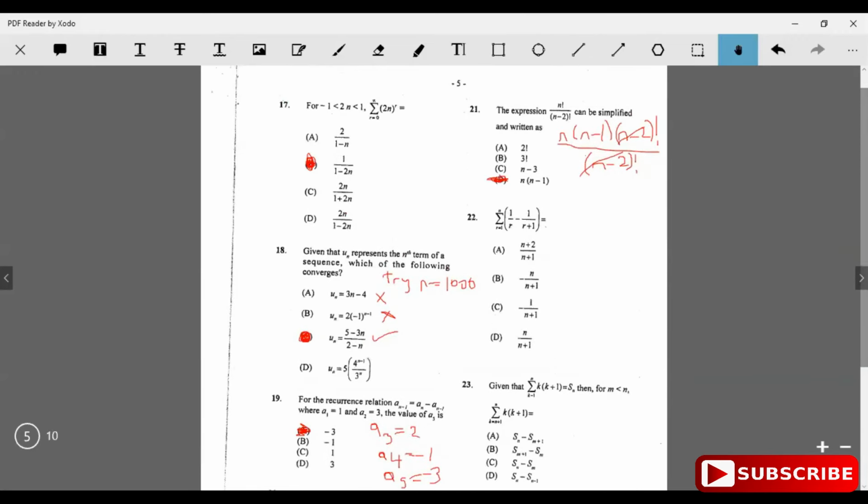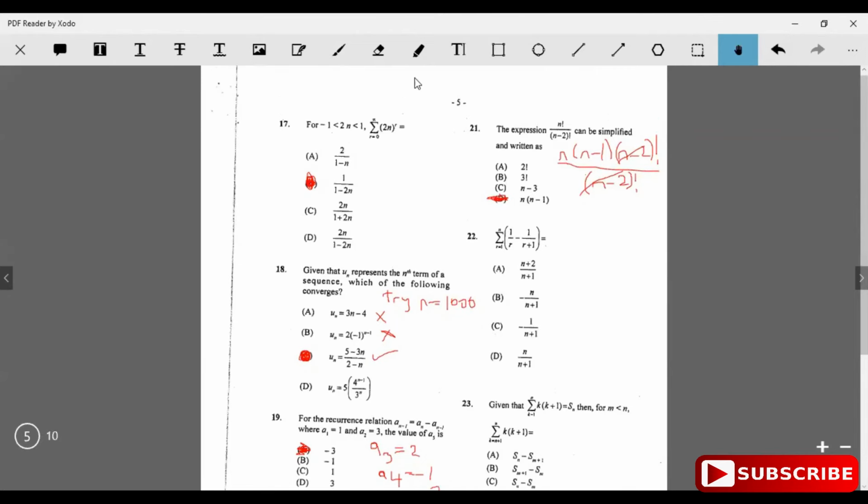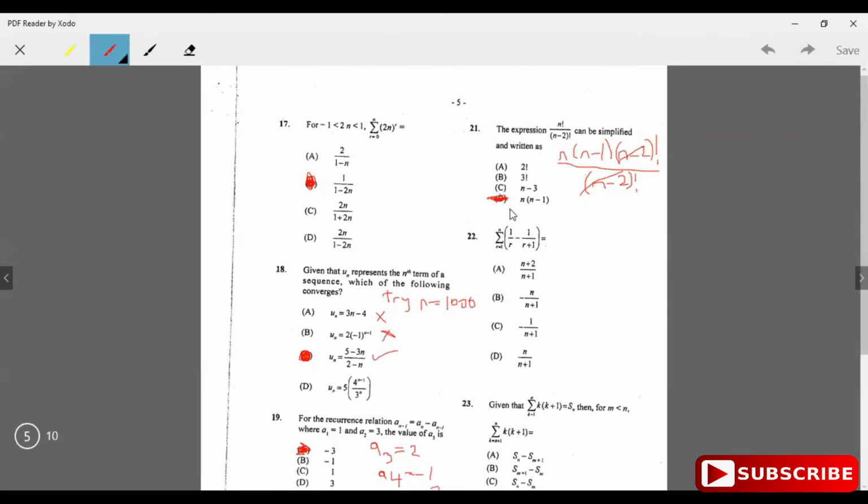Number 21. What's number 21? We just did this question. Remember, we were looking at 1 over i and 1 over i plus 1. We get dog. I remember we got that the answer was 1 minus 1 over n plus 1.